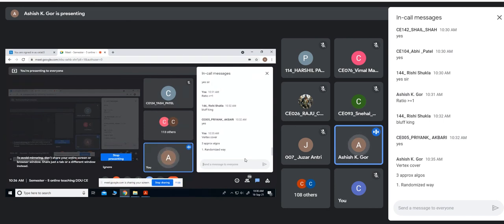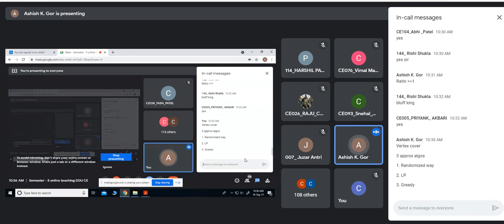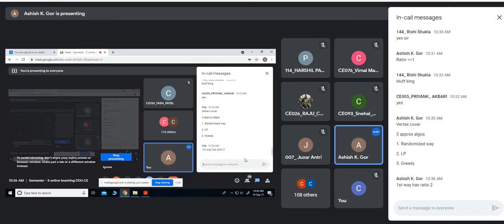So, the randomized way. Then, using linear programming you can also find an approximation algorithm for vertex cover. And the third is a greedy one. So there are three different algorithms. The randomized way, the first, has ratio 2, which is very good, and linear programming also has 2.